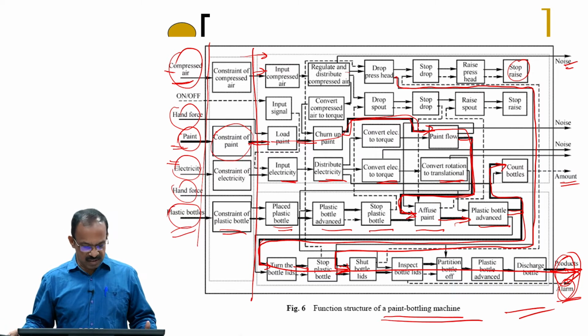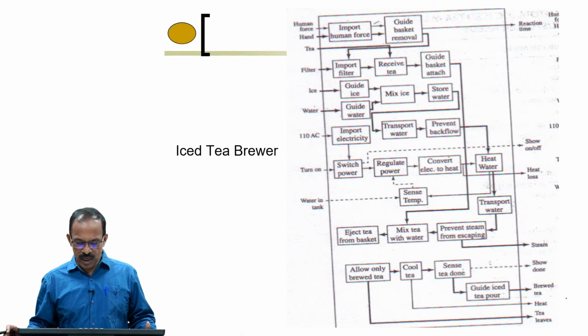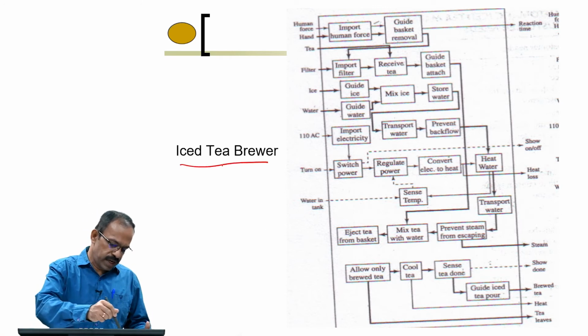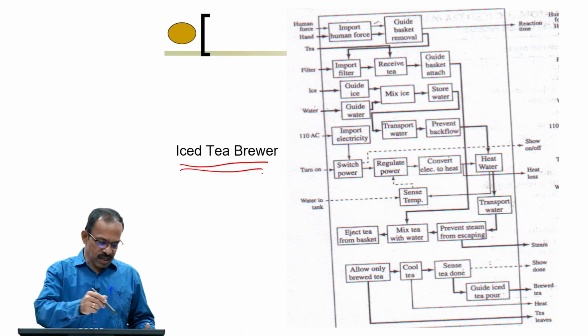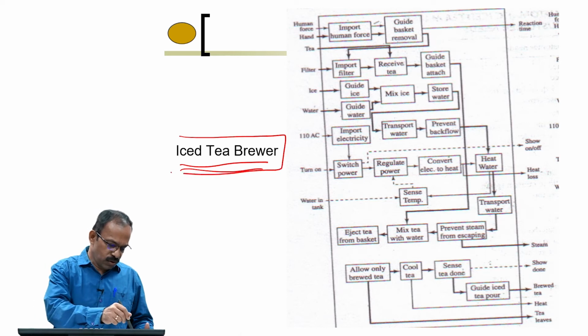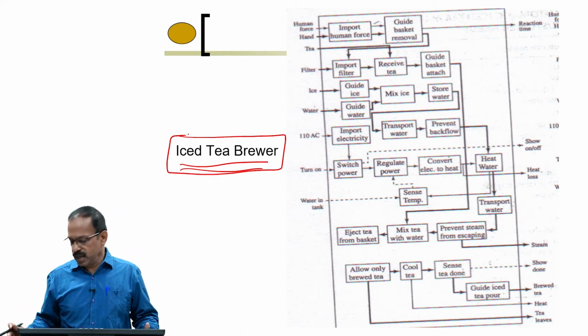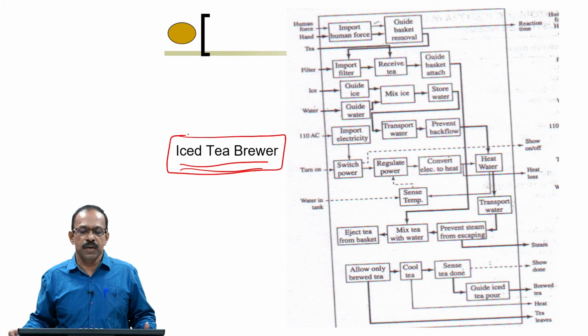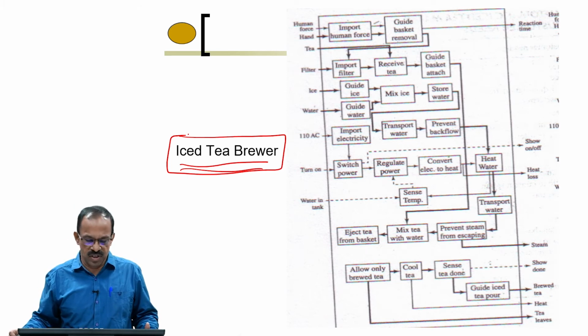Okay, so that is one example of functional decomposition using function structure methods. And this is another one, again for you to understand it fully. I have shown here the iced tea brewer. As you know, it is basically a tea machine which can deliver tea, or you can add ice also and get iced tea.